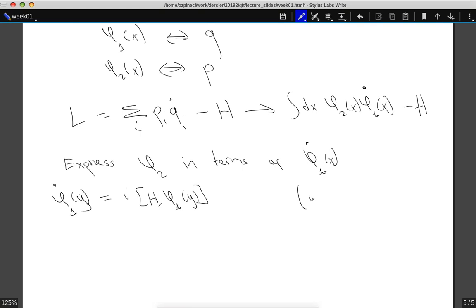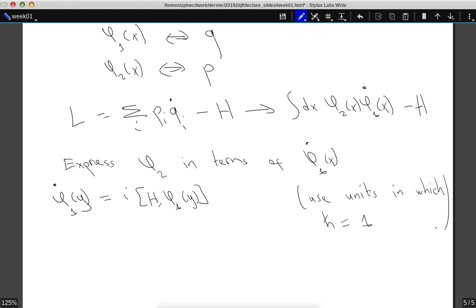Well, I will ignore the h bars. I'm not ignoring them. H bar is just 1. I'm not using meters or kilograms as my units.